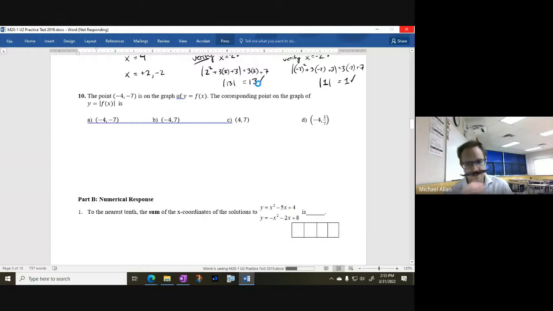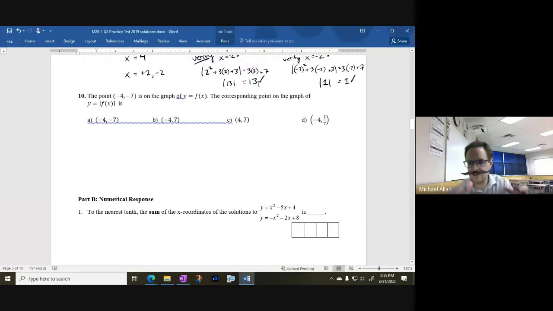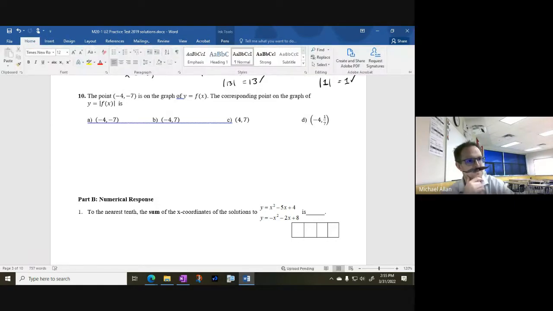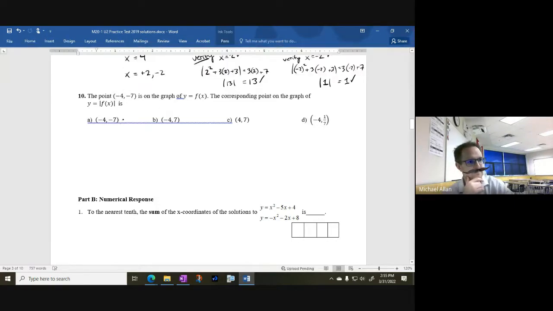Oh yeah, this is a good point. So remember, when you take the absolute value of a graph, all you're doing is taking the absolute values of just the y values, not the x values. So if, say, the y-intercept is -7, now it's going to be +7. So it's just going to flip straight up. If I take the absolute value of this graph here, I'm going to just change the y values of this point.